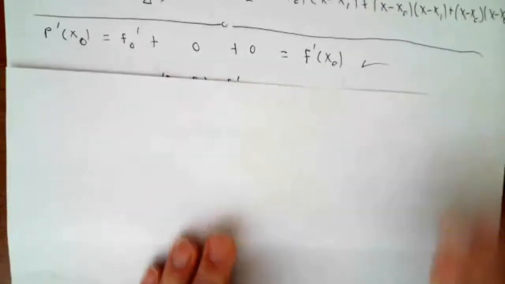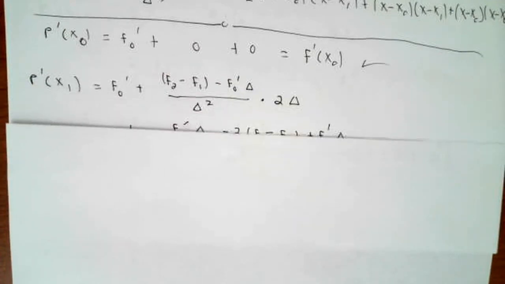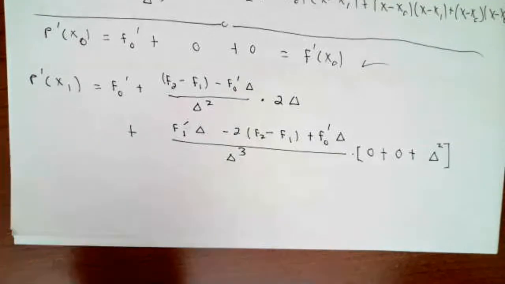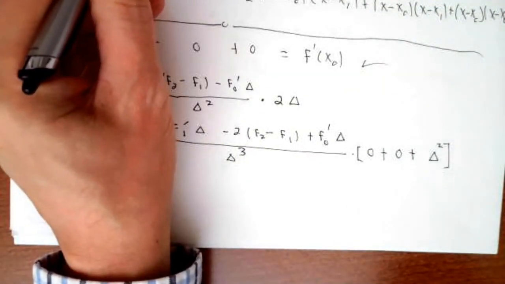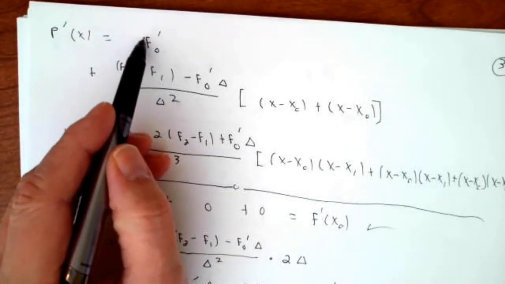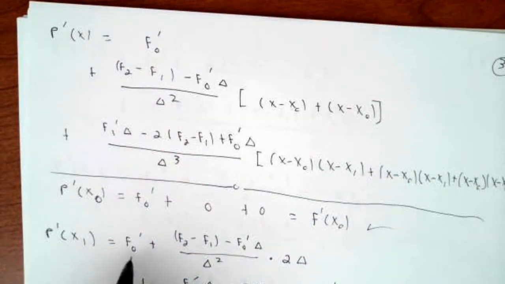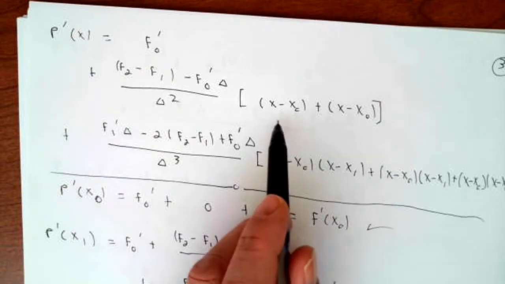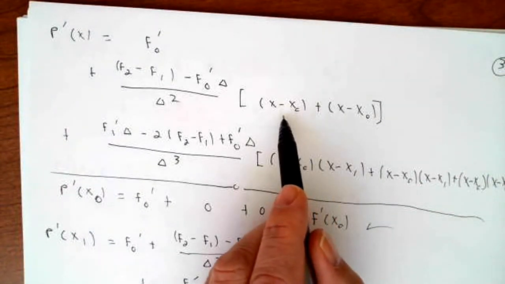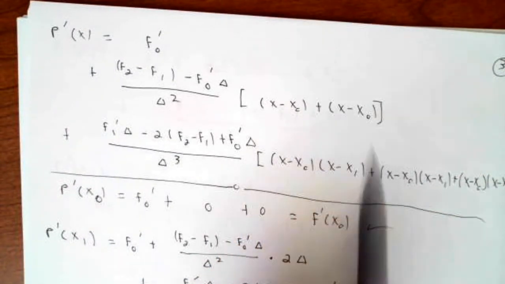What about the rest of it? I've got to evaluate p prime at x1. This has no x in it, so it just needs to be written down again. This term, if x is equal to x1, then this will be x1 minus x0 plus itself.